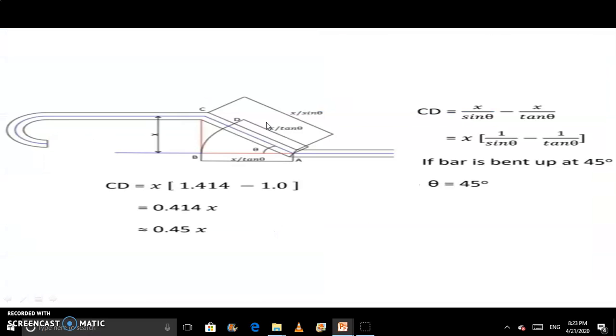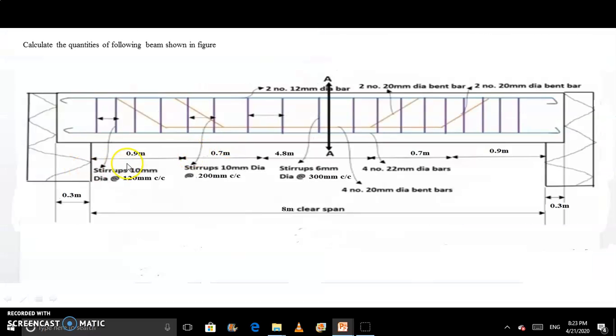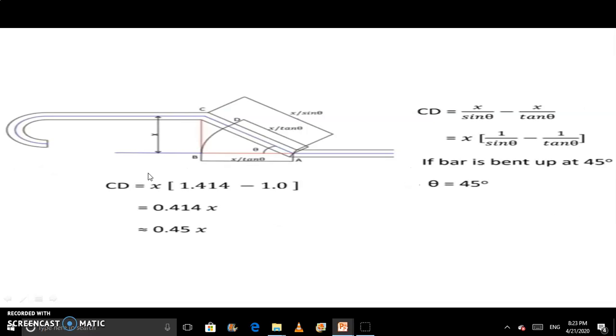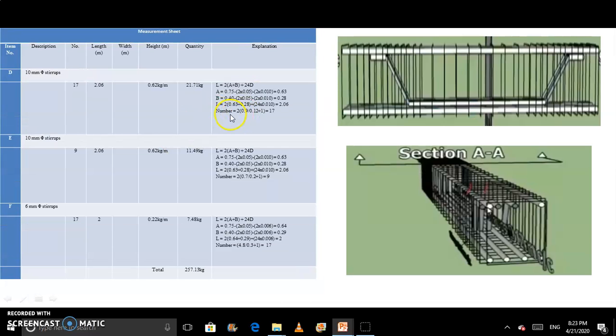In our diagram we have given 0.9 meter as the length where we have to provide the stirrups of 10 mm dia. That's why we take 0.9 as a value and 120 mm as the center to center spacing. So we provide 0.12 meter plus 1. Why do we provide plus 1? We already discussed this in our previous lecture. So total bars we get here is 17. Simply we multiply these values and we get 21.71 kg as the quantity of stirrups.